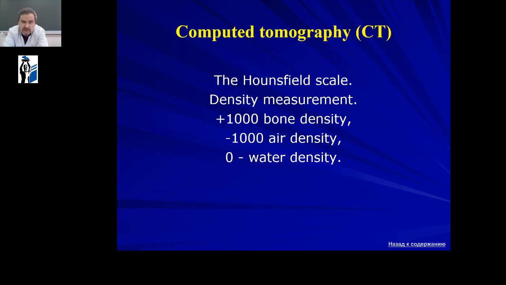There are etalone plus 1000 Hounsfield units is bone density, minus 1000 Hounsfield units is air density, and between these digits, zero Hounsfield units is water density.